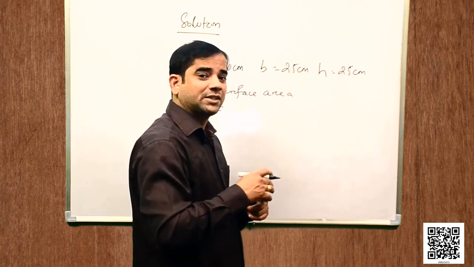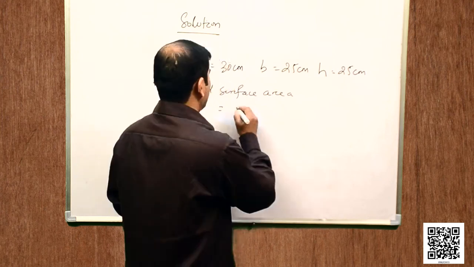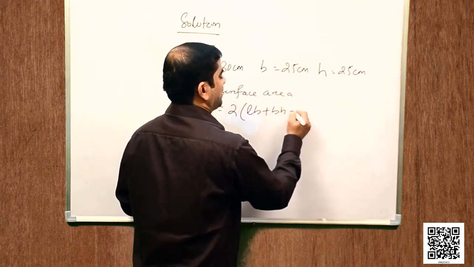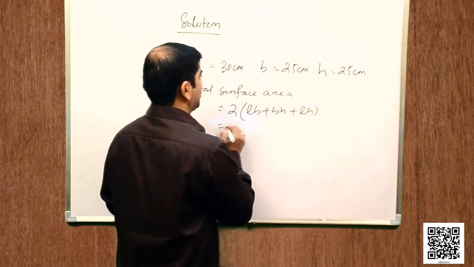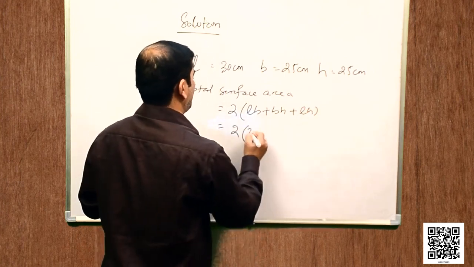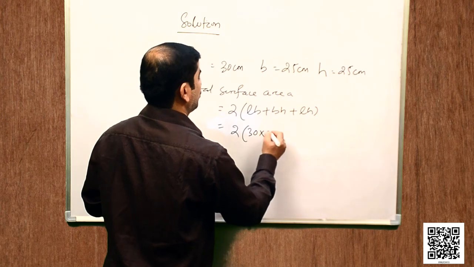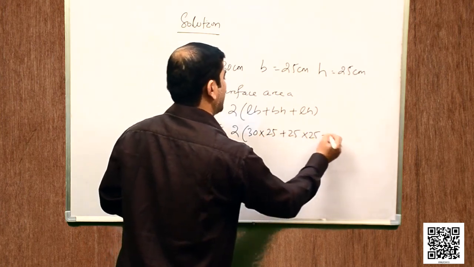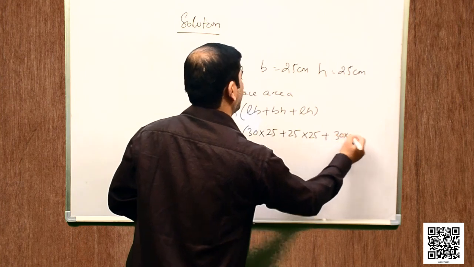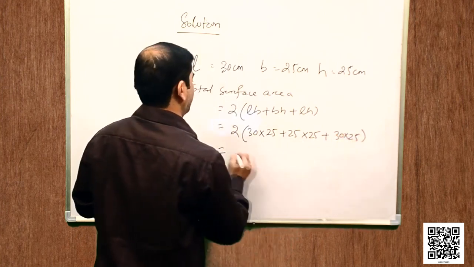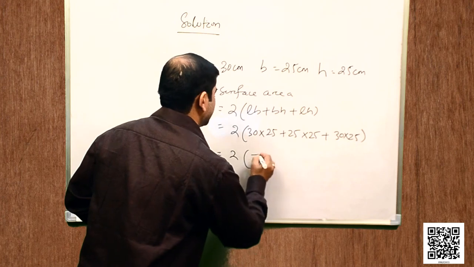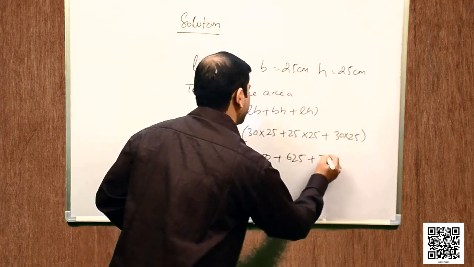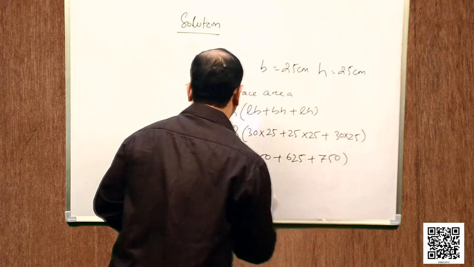So the total surface area of a cuboid is 2 into LB plus BH plus LH. So 2 into 30 into 25 plus 25 into 25 plus 30 into 25. That gives us 2 into 750 plus 625 plus 750.